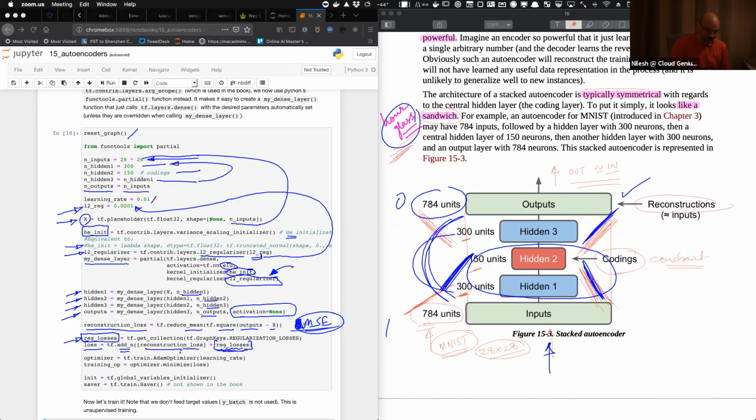So this is MSE plus L2 regularization loss. Those two are added to calculate this loss function, and then we'll optimize on this loss function. And that's what we want to minimize. So the optimizer minimizes this loss function, which is a combination of mean square error and L2 regularization.